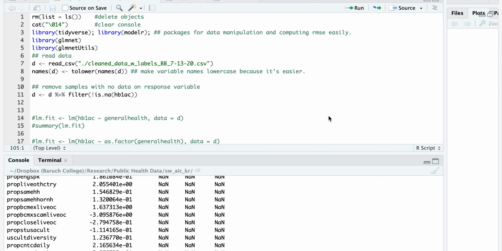Hello, we're back with the public health data we introduced in the previous lecture. Today we will get more into the regression parts of analyzing this data and a lot of practical points.